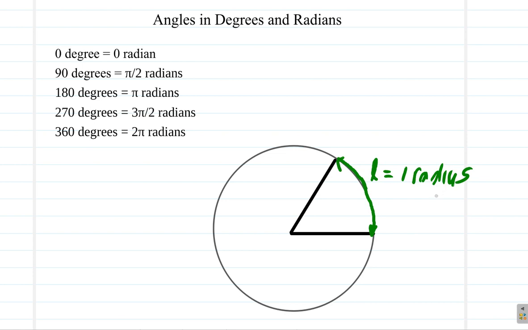Alright? This arc length is equal to 1 of the radius. Because I could just write R equal to 1R. 1R is the length of the radius. Alright?